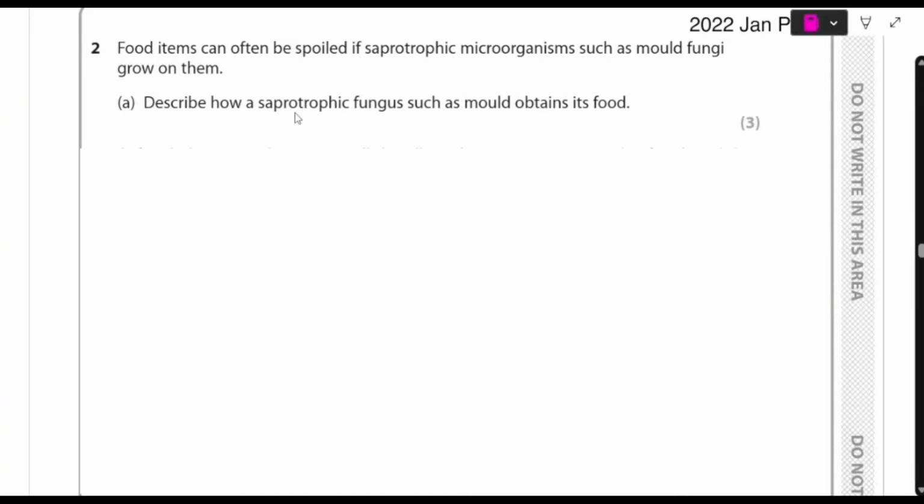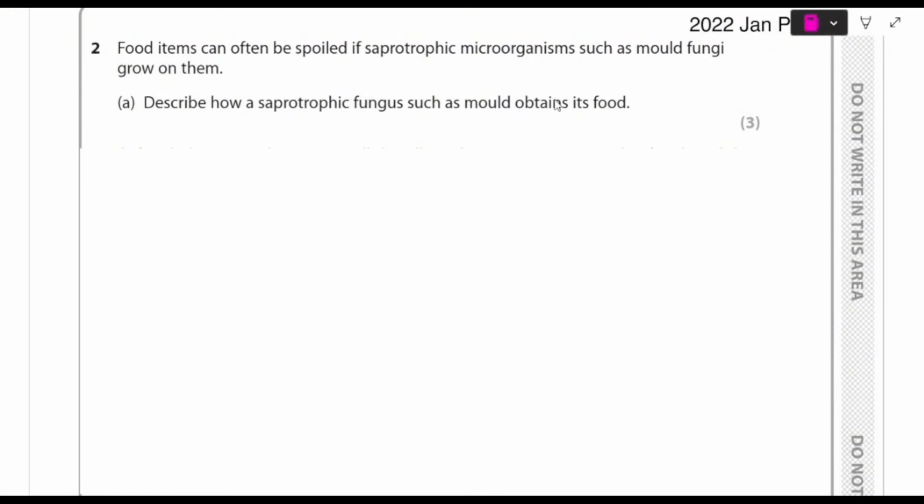Describe how a saprotrophic fungus such as mold obtains its food. So, saprotrophic means anything that digests its food outside its body and then absorbs it. This is known as saprotrophic nutrition.